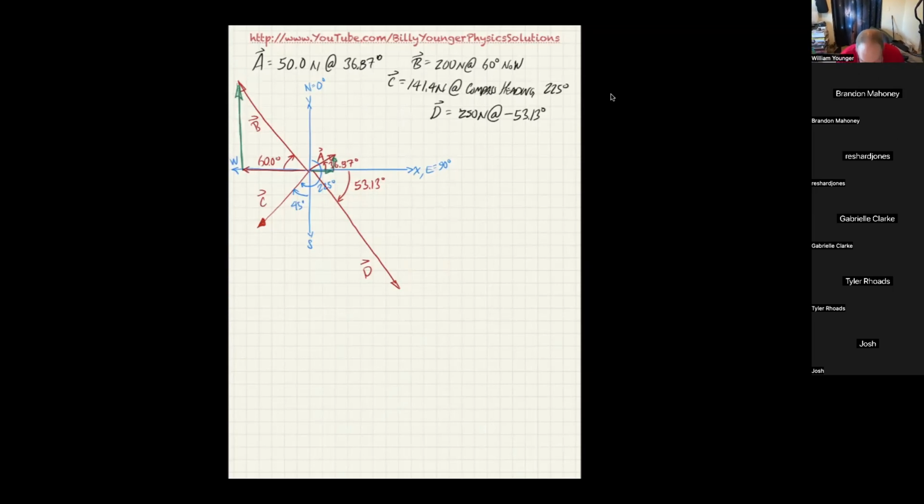Doing the same thing with C, we see that both the x and the y components are negative. And then finally, if we do it with D, I can see the x component is going to be positive, and the y component is in fact going to be negative.